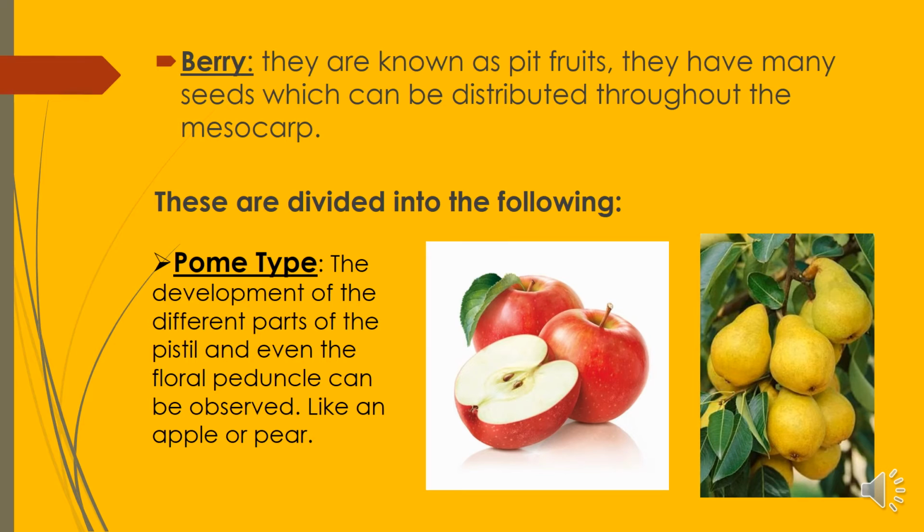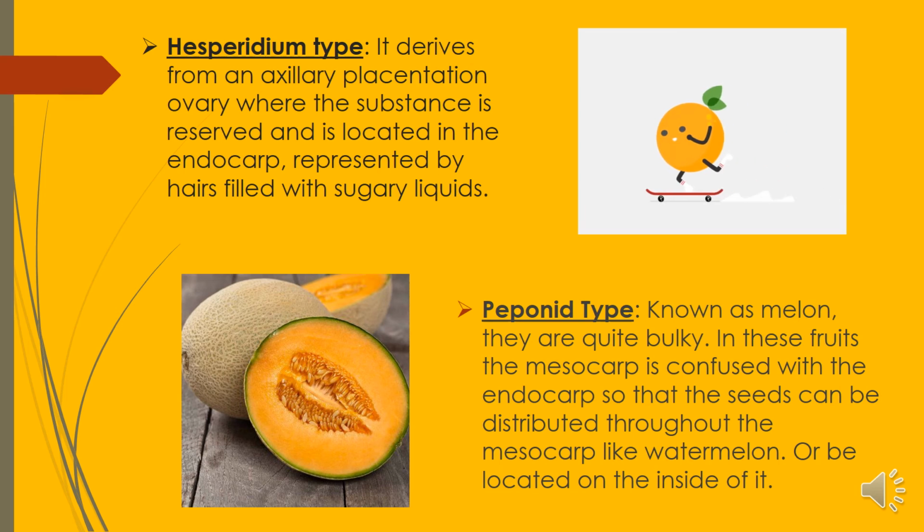They are divided into the following: pome type, where the different parts of the pistil develop, and even the floral peduncle can be observed, like an apple or a pear. Hesperidium type. It's derived from an active transformation of the area where the substance is dissolved and it's located in the endocarp, represented by hairs filled with sugary liquid.